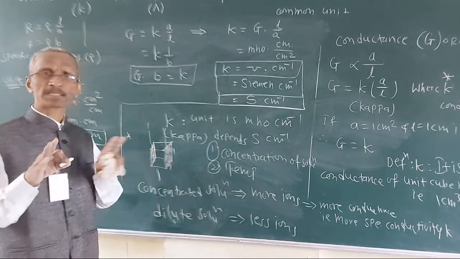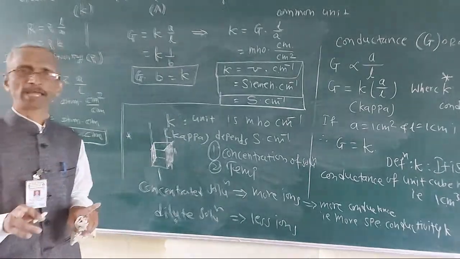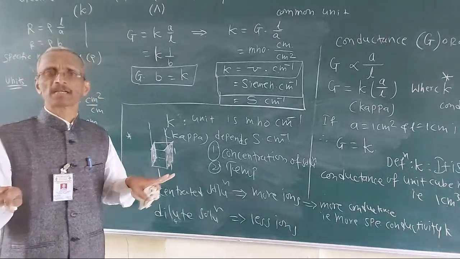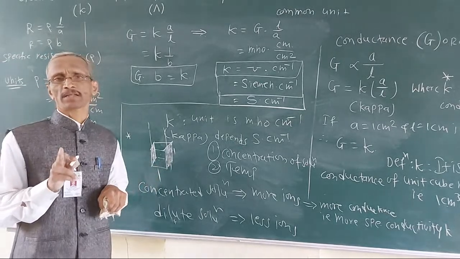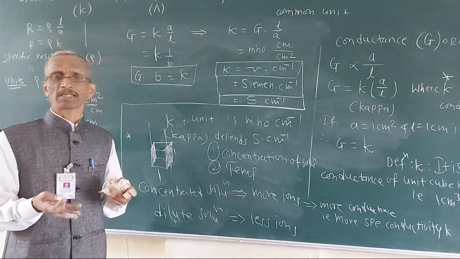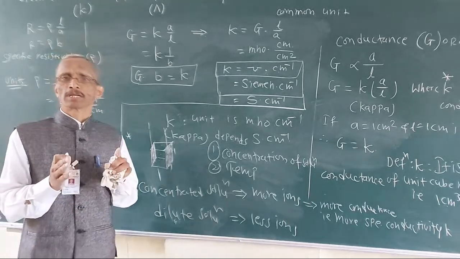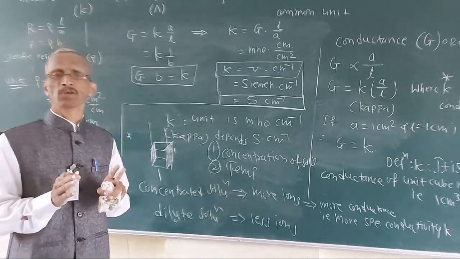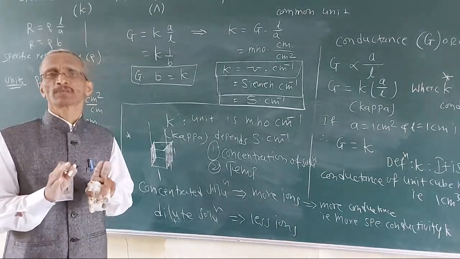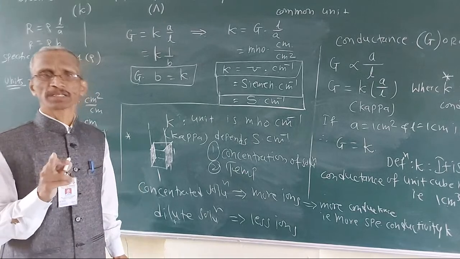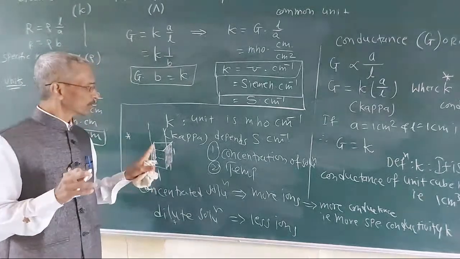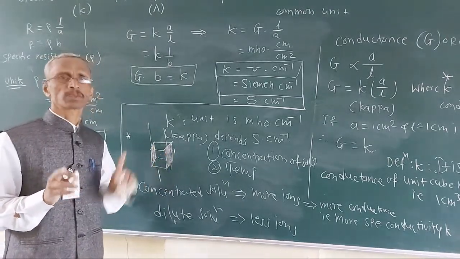But at the same time, as the temperature increases, the dissociation of the electrolyte also takes place. As the temperature increases, the interactions between the solute and solvent molecules in a solution change, dissociation takes place, and ions become free. So we take these two criteria into consideration.